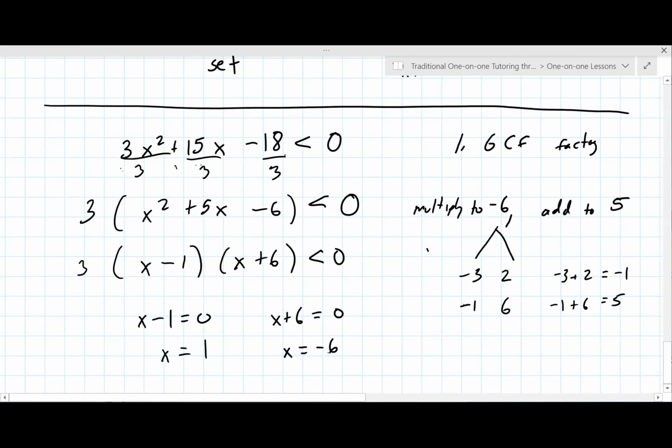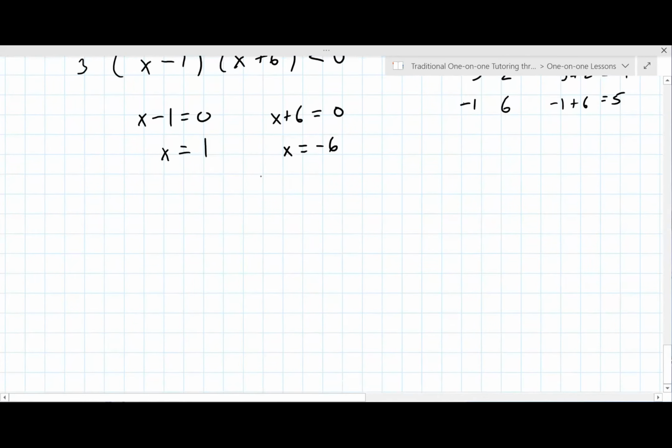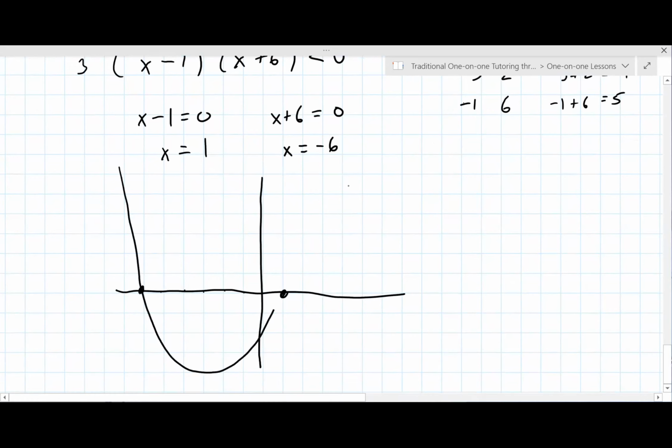Very good. Okay, so now your graph looks like this: here's 1, 1, 2, 3, 4, 5, 6. Here's -6. Your graph looks something like this, and we want where it's less than 0.